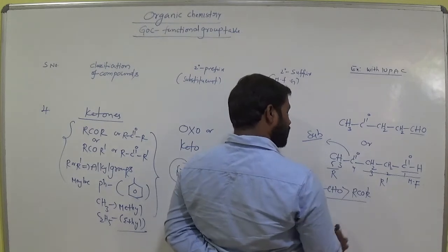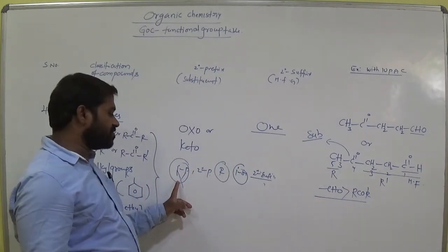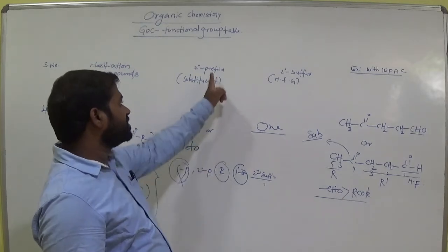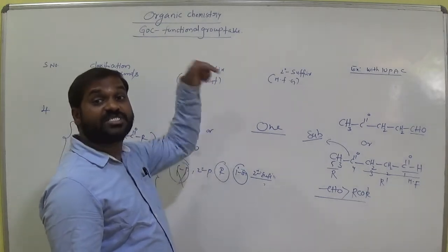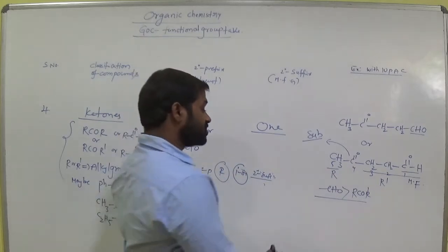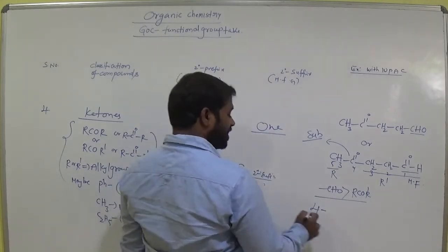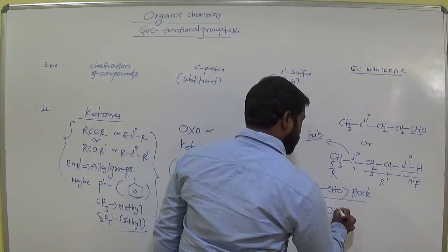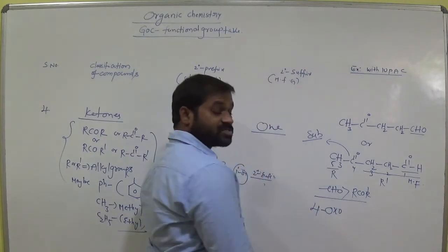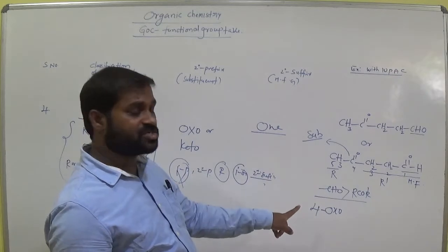It is not cyclic, so the primary prefix is absent. Then go for the secondary prefix, which tells about the substituent and which carbon it is on. Ketone is the substituent here, at the fourth carbon, so we call it oxo or keto: 4-oxo, or 4-keto is also correct.